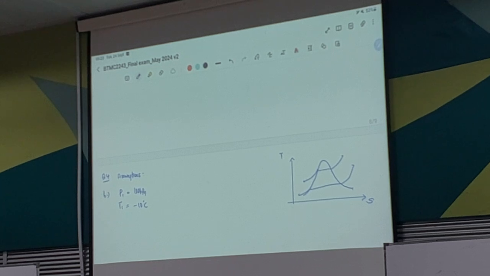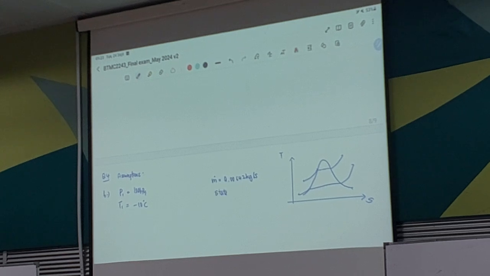And then mass flow rate is 0.00642 kilogram per second. And we know that state 3 is saturated liquid. Okay, so that's pretty much all we need here for now.